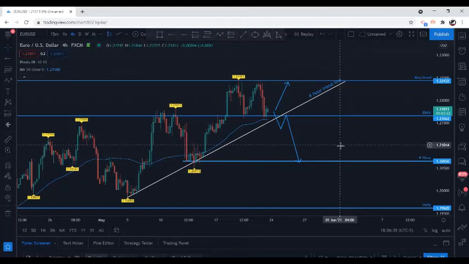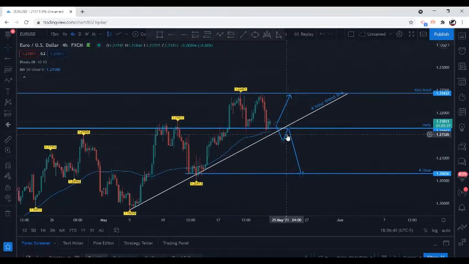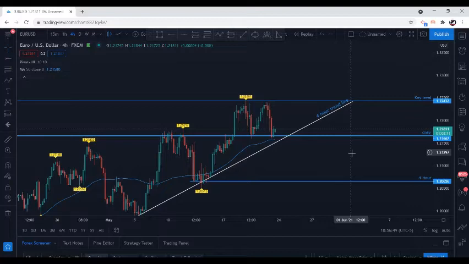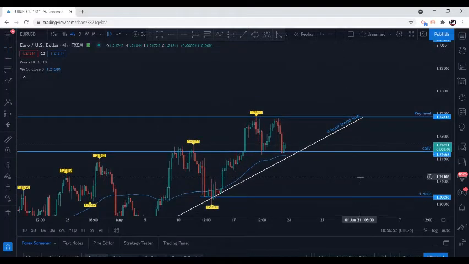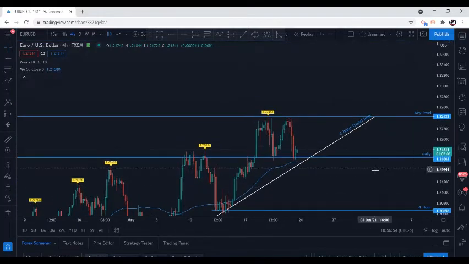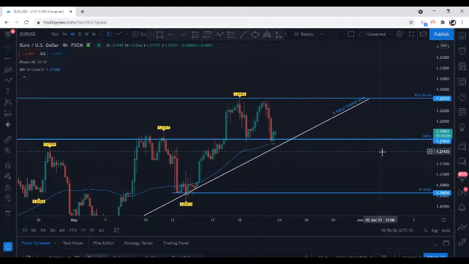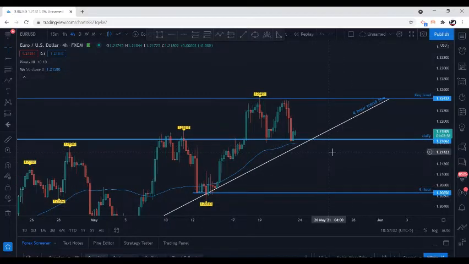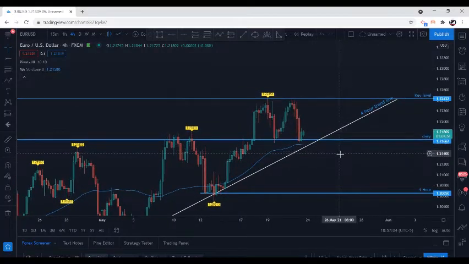So based on fundamental analysis, that could give us a true direction of where the Euro USD and the Aussie USD chart is more likely to go this week. However, based off technical analysis, we are not seeing a clear direction at the moment because we're in an uptrend.